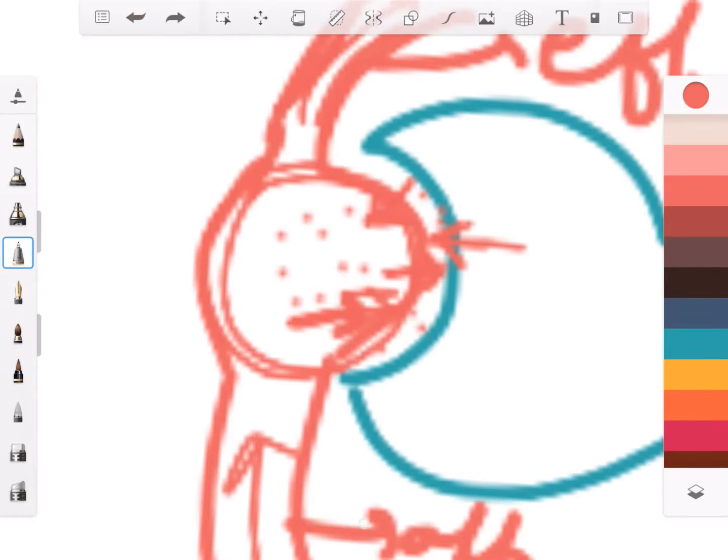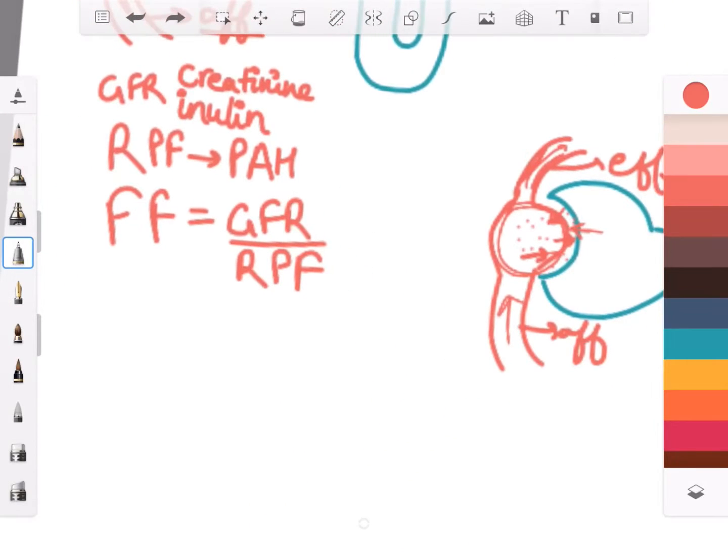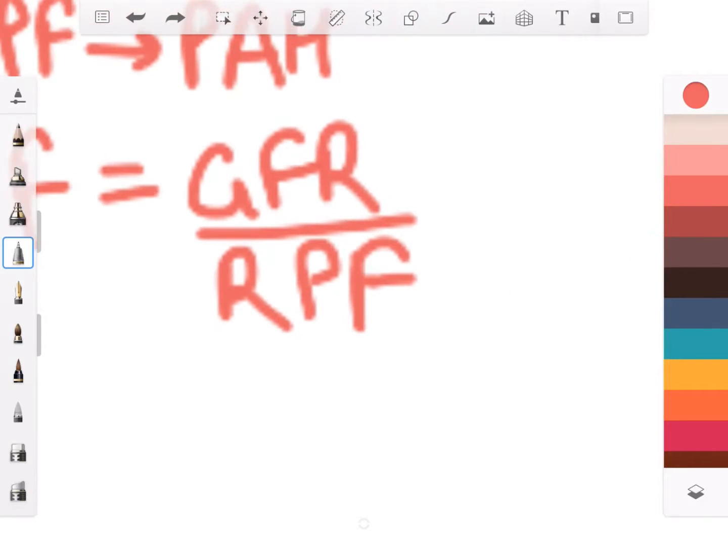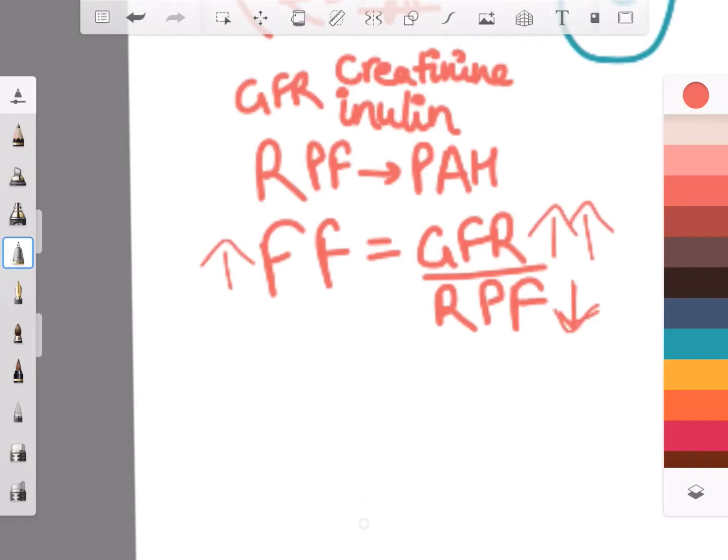So in this, the renal plasma flow decreases and the glomerular filtration rate increases to facilitate the decrease in renal plasma flow. So the filtration fraction increases.